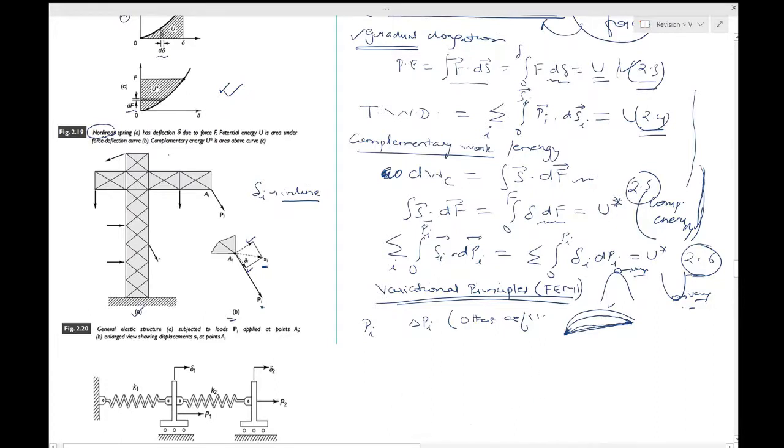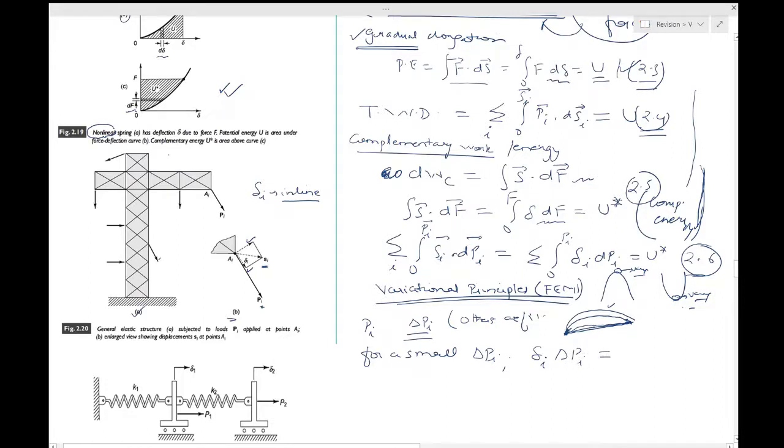So this delta Pi increment in this force will change things slightly. The internal forces will change slightly to maintain force equilibrium, and the increase in complementary work will require an increment in the complementary energy. So for a small delta Pi, this is the work done.